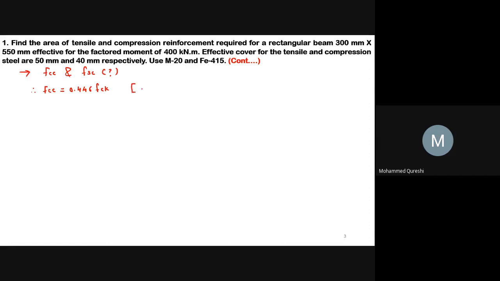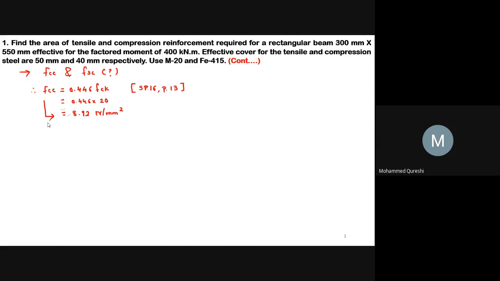This equation is given in SP16 on page number 13. So we input the value of fck as given in the statement, 20, and we get the value of fcc as 8.92 Newton per mm square. In this way, you have to calculate the value of fcc.